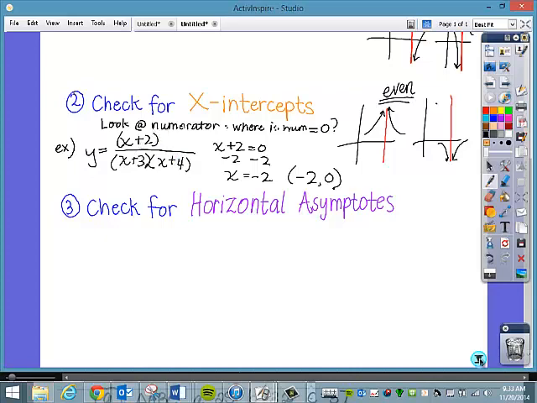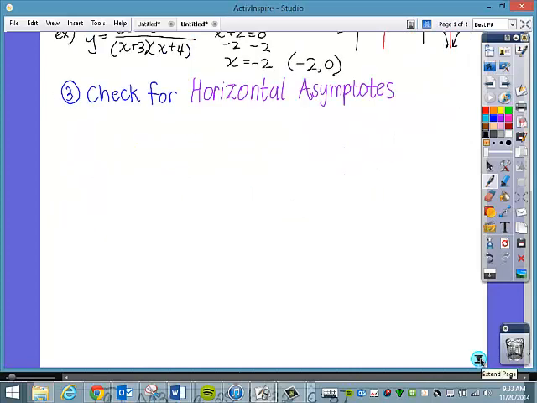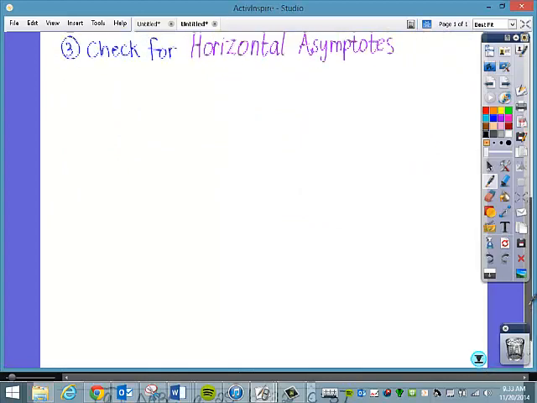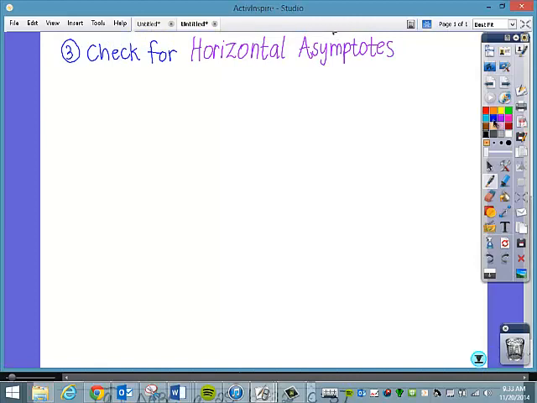Next thing is how you look for horizontal asymptotes. How do you check for horizontal asymptotes? This is where you're going to have to look at the degree of your numerator and the degree of your denominator.